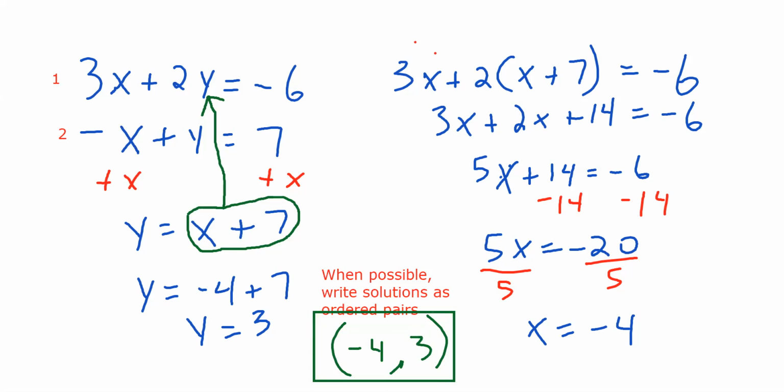So -4, comma 3 written as an ordered pair, and it gives you the x and y values. So substitution is generally seen as pretty kind of straightforward here. We can work one more if you'd like. That one's in the books here.